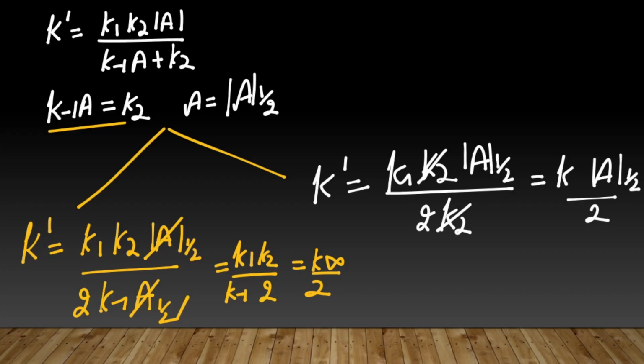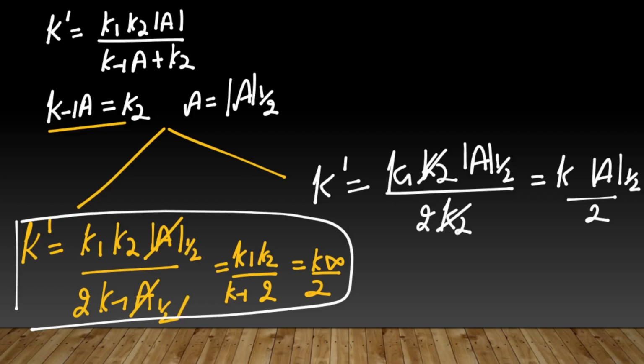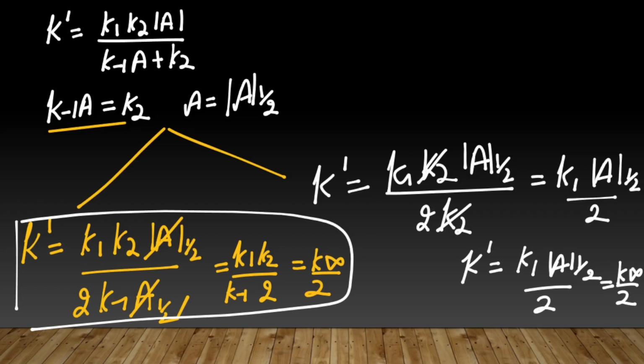So here we see that this was equal to K infinity by 2. So we can use that in this case: K observed is equal to K1 into A half upon 2. This is nothing but K infinity by 2, right? Because we have obtained this from here. So equating these two, 2 and 2 get cancelled out.